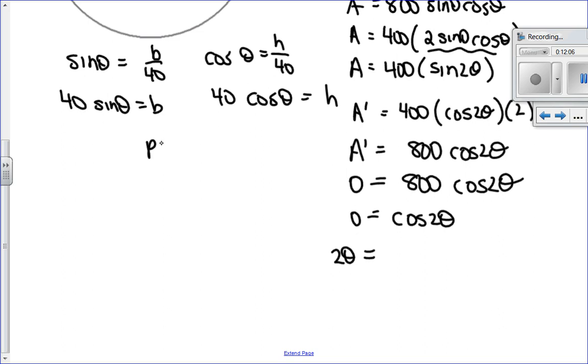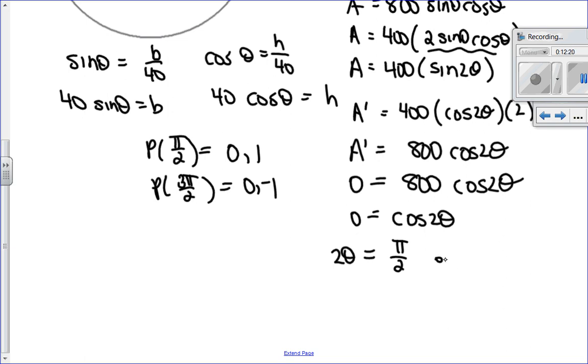So there are 2 points on the unit circle where the x coordinate is 0: pi over 2 and 3 pi over 2, which is 0 and negative 1. So that means that 2 theta could be pi over 2, or 2 theta could be 3 pi over 2.